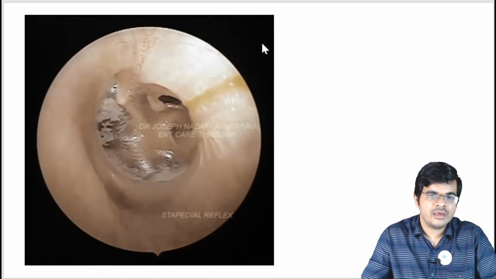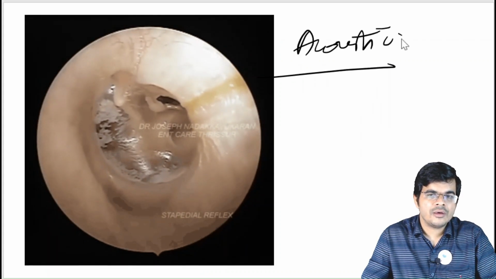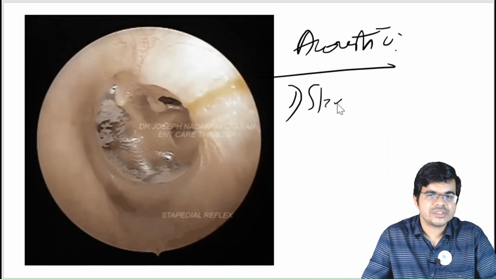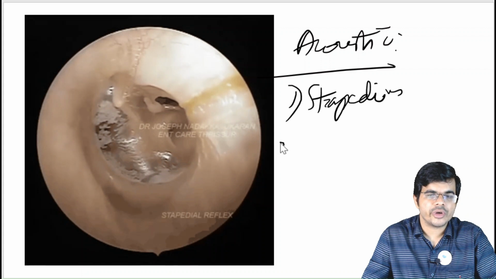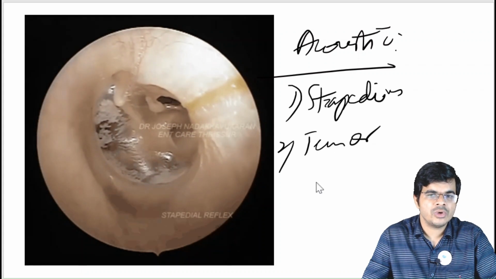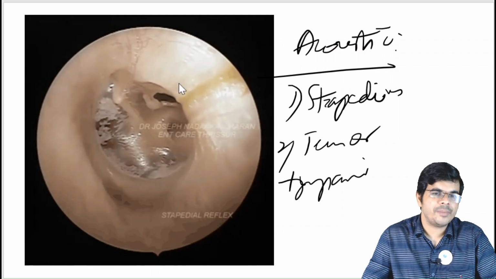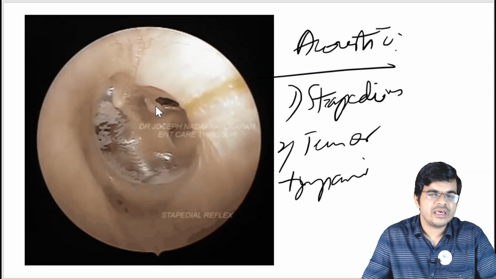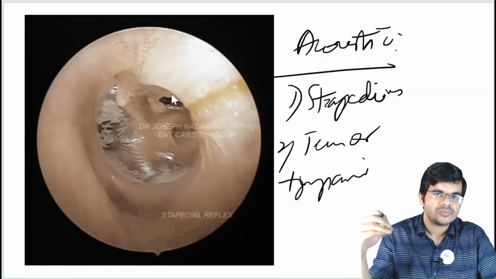The acoustic reflex is mediated primarily by the stapedius muscle, and of course the tensor tympani muscle also contributes. Now what is happening here? The stapedius muscle pulls the stapes footplate inward from the oval window.